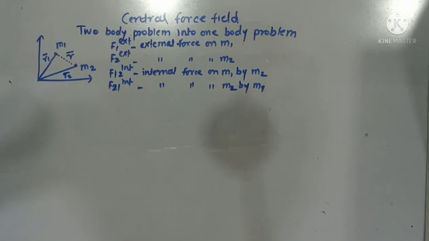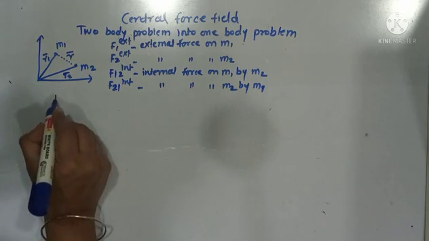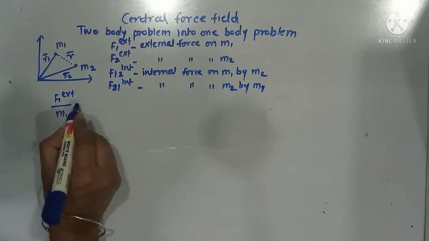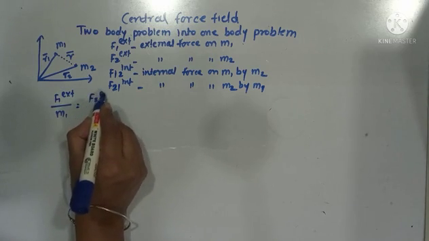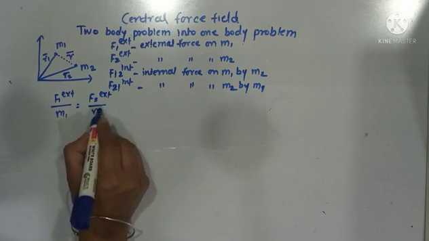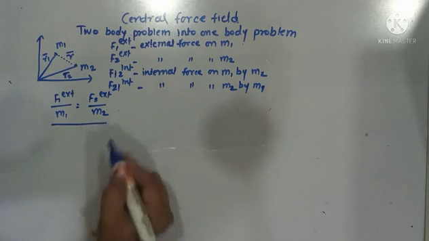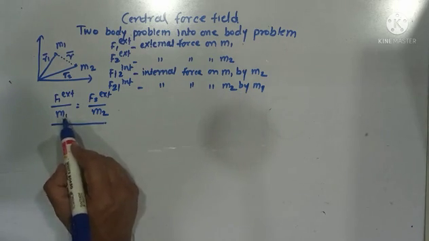Now it is necessary to see the relation between these forces. Now as the external force applied will be equal, I can write F1 external upon m1 is equal to F2 external upon m2. This is the relation between the external forces applied on m1 and m2.